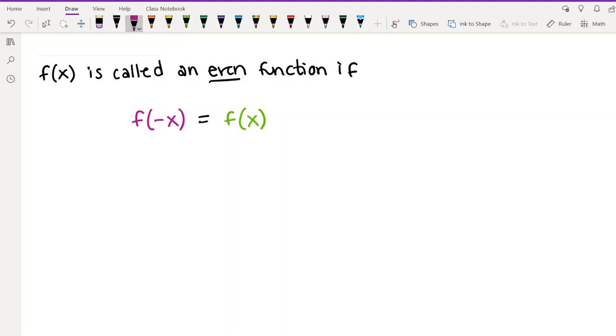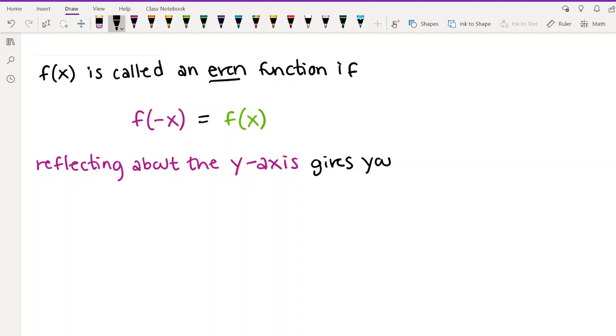So I'm going to write that down. Actually, I want to write down a few different ways that you can think about this definition. The first one is that reflecting about the y-axis, because that's what f of negative x looks like, gives you the same graph as the original graph. Hopefully this color coding makes sense. What does this equation mean?